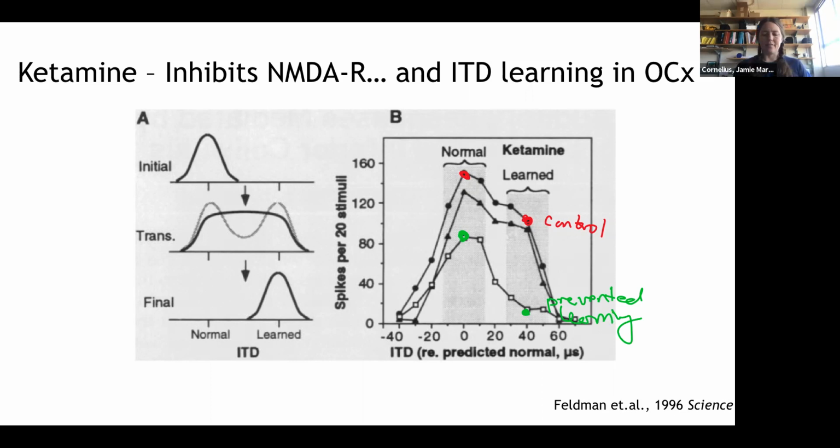And it's thought that because ketamine has a strong impact on NMDA, this is evidence that NMDA channels are involved. And in fact, research since this paper has supported that idea, although it's incredibly complicated.